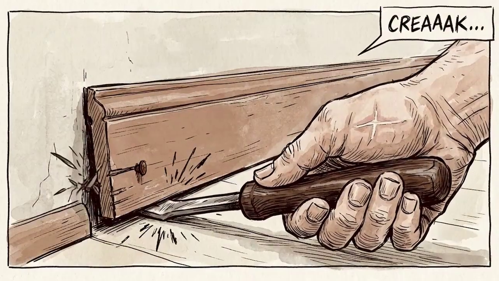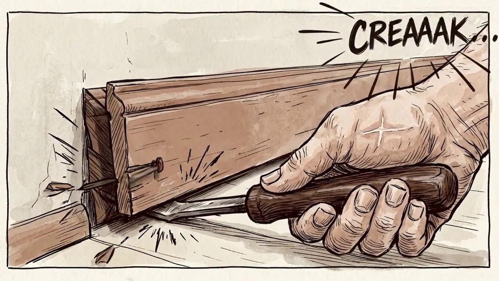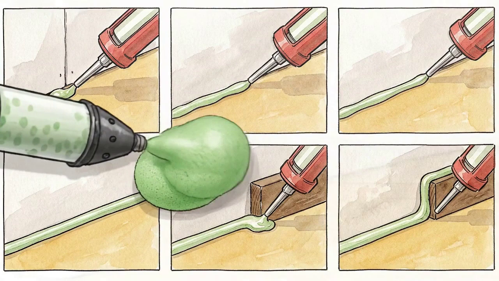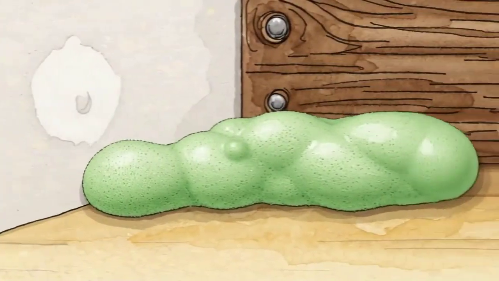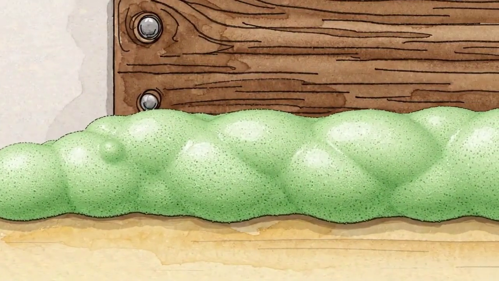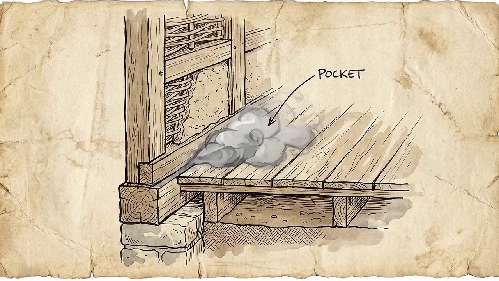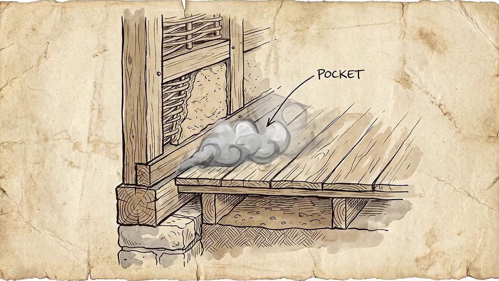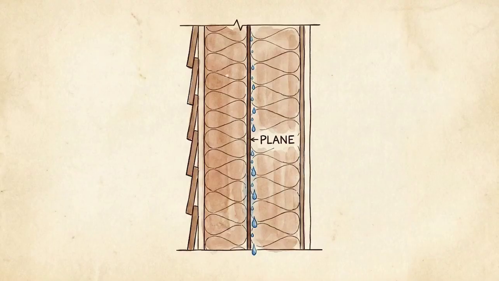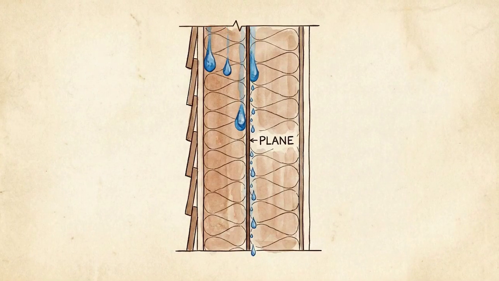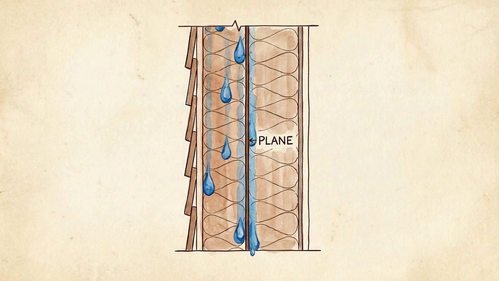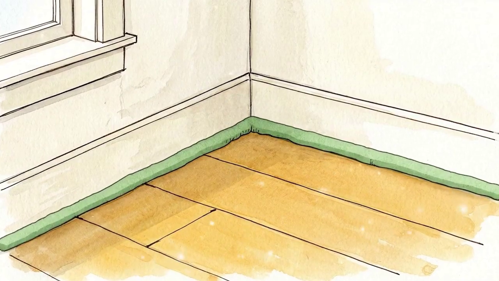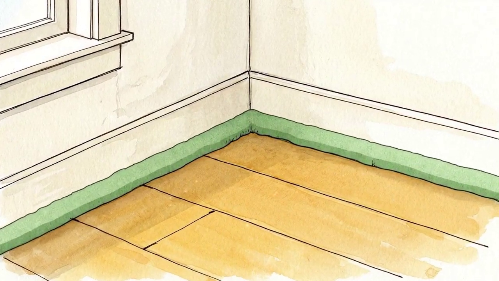The second path is interior and lower in cost. Remove the baseboards, score the drywall seam at the floor, and inject low-expansion spray foam into the gap at the wall base. Not to add R-value, but to eliminate the cold air pocket that sits at floor level against the cold drywall surface. This does not move the dew point plane, but it removes the coldest microzone in the room, which is where the mold concentrates.